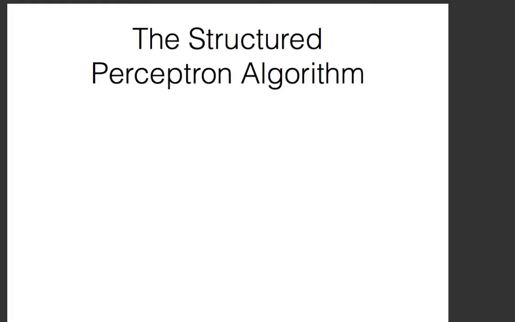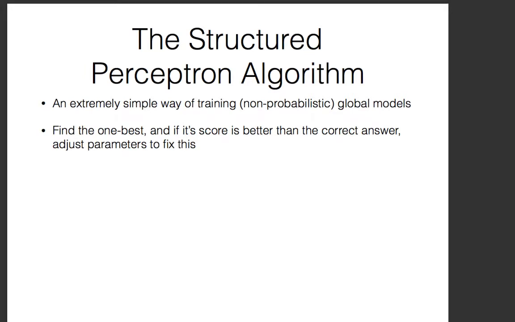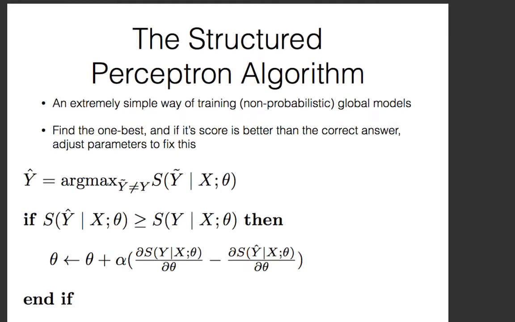But to explain it a little more simply than the book, basically the idea is that we search for the best sequence, or the best structured output. And then if the score is better than the correct answer, we adjust the parameters to fix this.